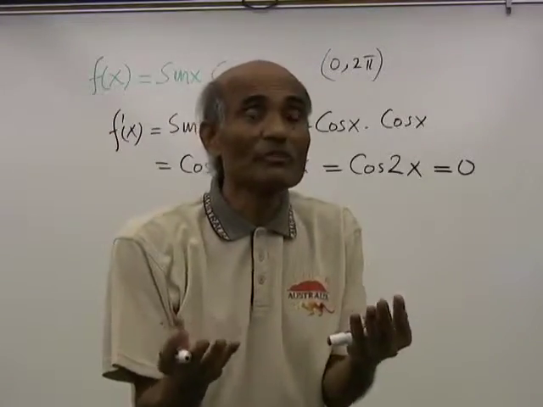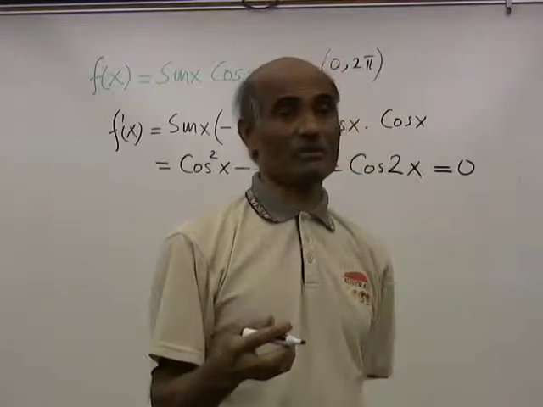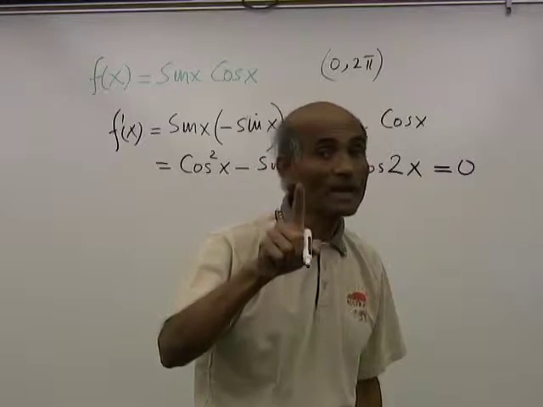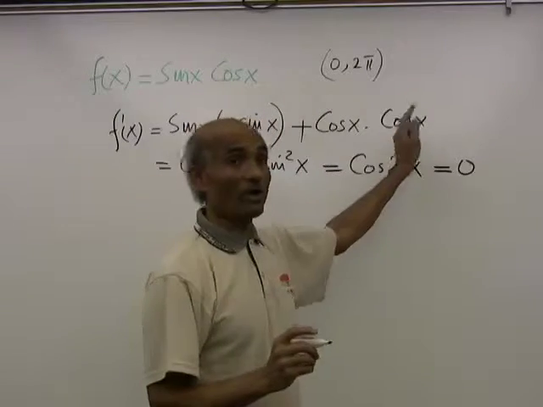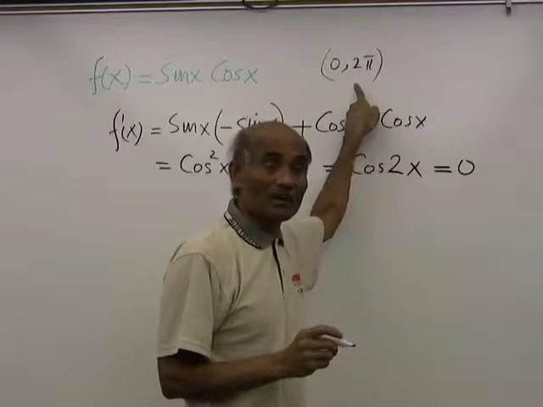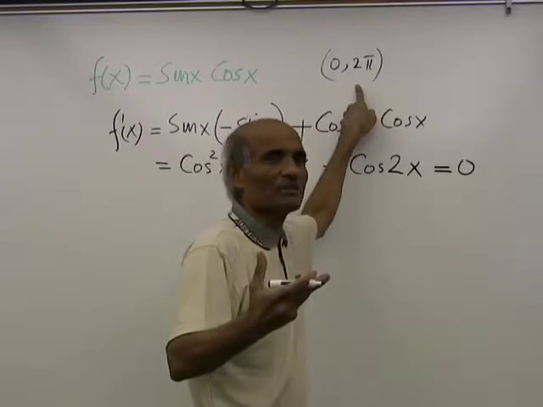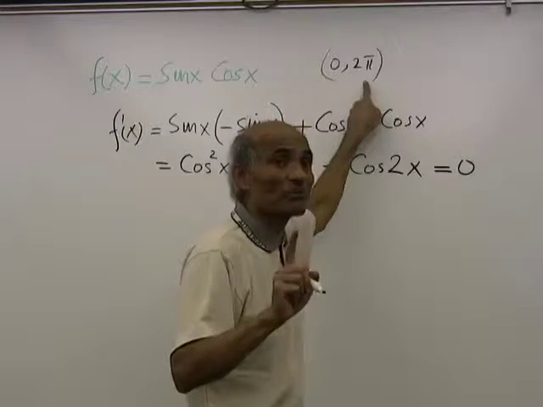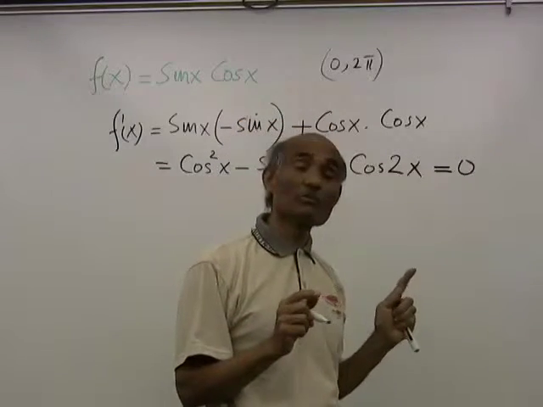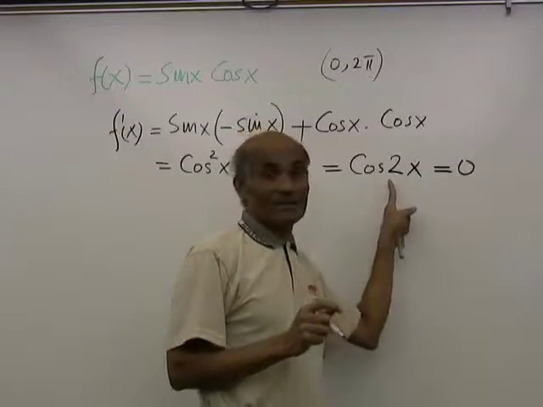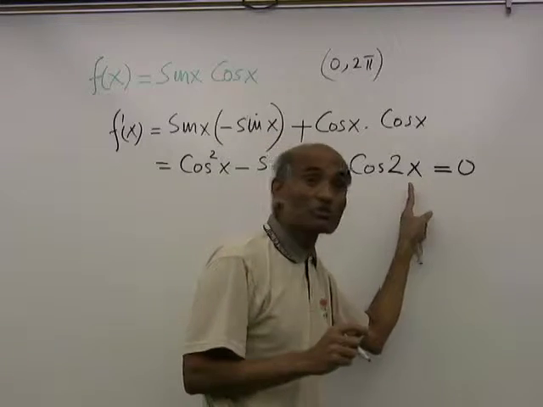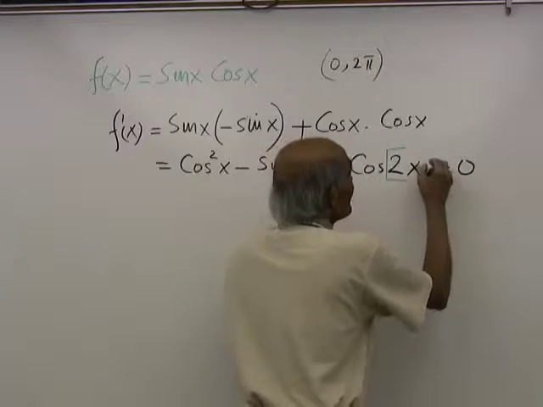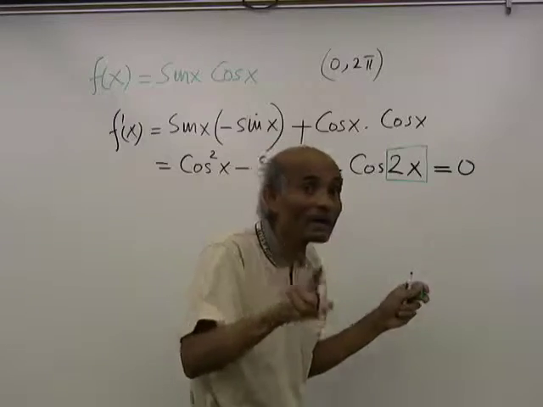What are the values of x where cos of 2x equal to 0? Now, there is a little complexity here that I want you to pay close attention to. We want to find the values of x, or the behavior of the function, from 0 to 2 pi. That means we are looking for critical numbers in the interval 0 to 2 pi. But cos of 2x equals 0, you need to solve for 2x. We are not solving for x from this equation.